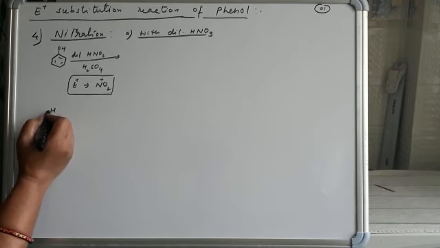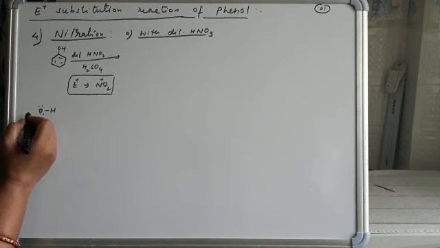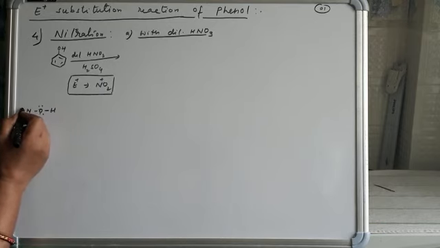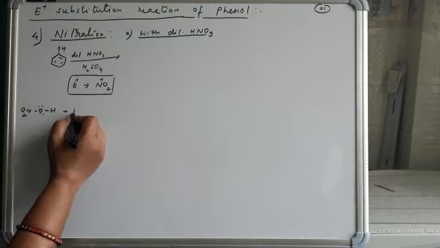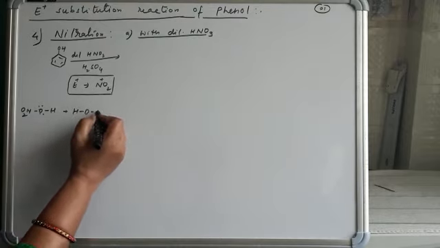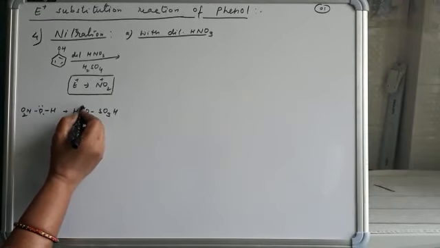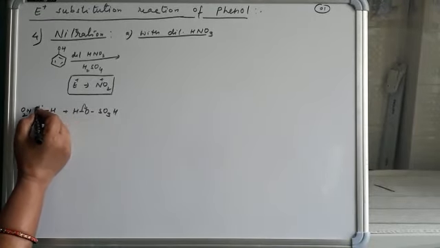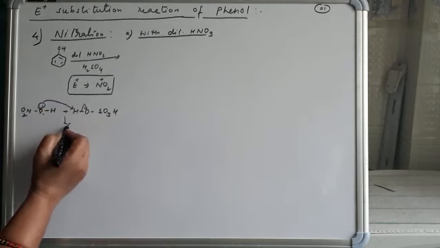Write the formula of HNO3 when treated with sulfuric acid, and the lone pair takes this proton.